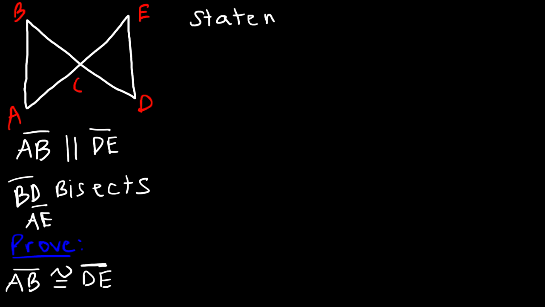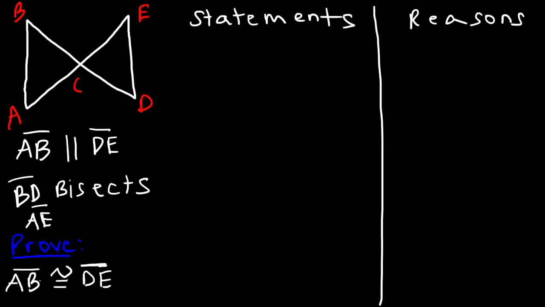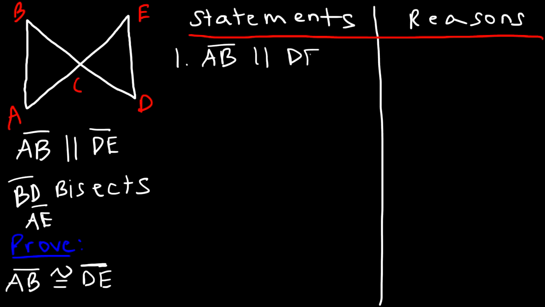So in the first column, let's put statements, and in the second one, reasons. So let's write the given. AB is parallel to DE.